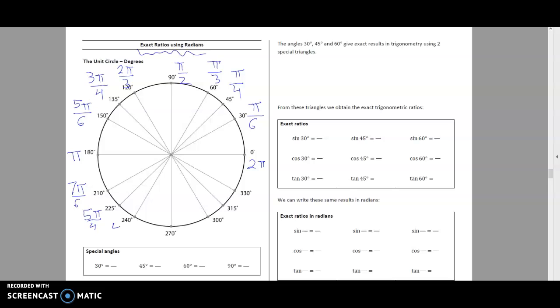Keep going around, 4 pi on 3. And then 1.5 pi is 270, which is 3 pi on 2. And if we continue around, 5 pi on 3, 7 pi on 4, and 11 pi on 6.